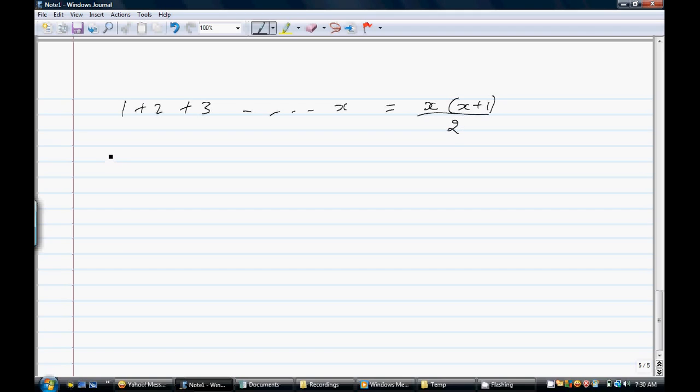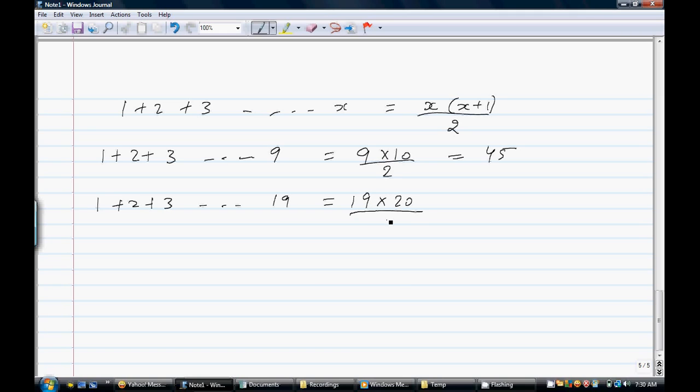For example, if I have numbers from 1 plus 2 plus 3 up to 9, then all I have to do is multiply 9 by 10 and divide by 2, so that will be 45. Similarly, 1 plus 2 plus 3 up to 19, all I have to do is 19 into 20 divided by 2.